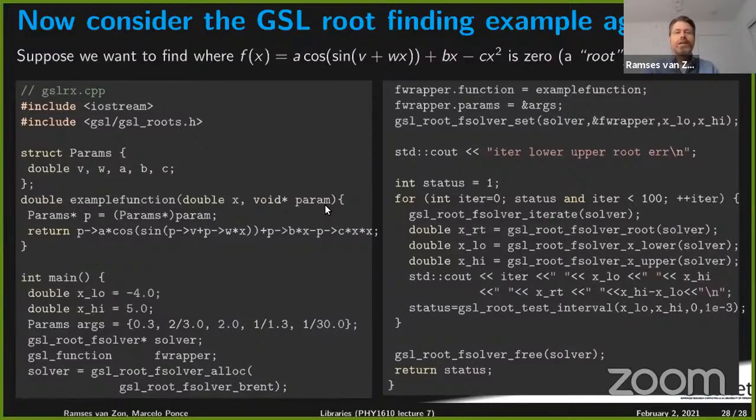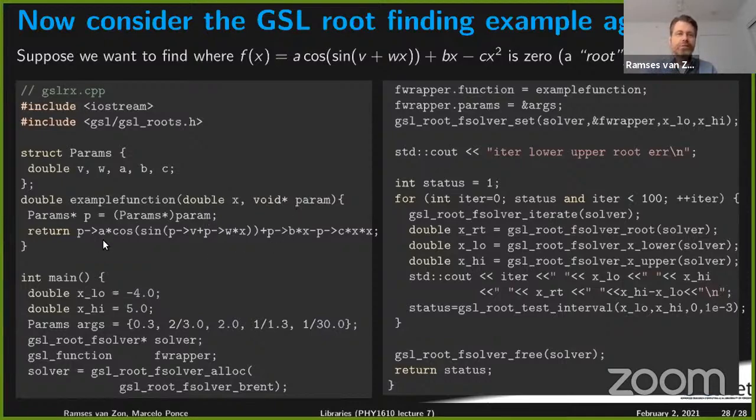So that's why it does this void star business. The function type has to be general. They just decided on double precision as being specific, but it has to be general. And so the only way I can do that is to pass it a void star.